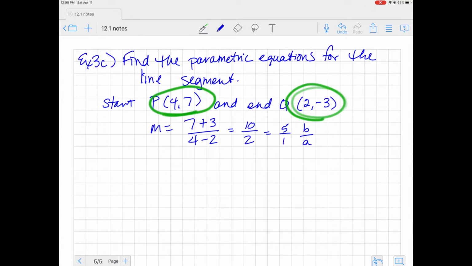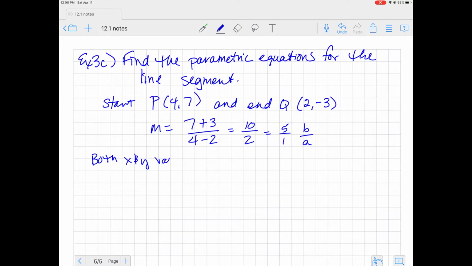If I'm starting way up here with these big values and I'm going down to this value, what is going on? Yeah, 4 goes down to 2. So I know that I am going to the left, right? 7 goes down to negative 3. Both X and Y values decrease.